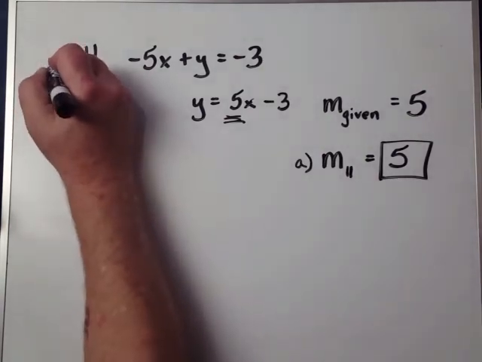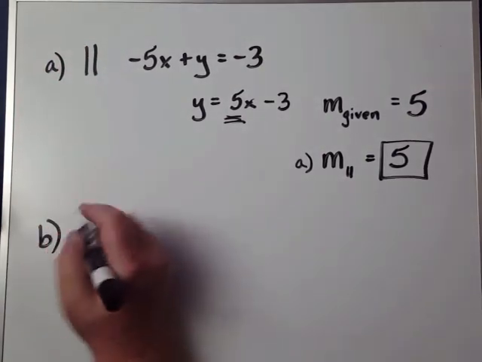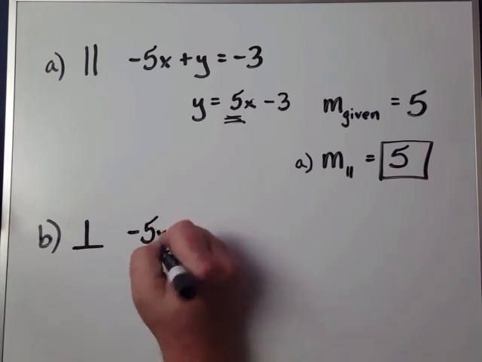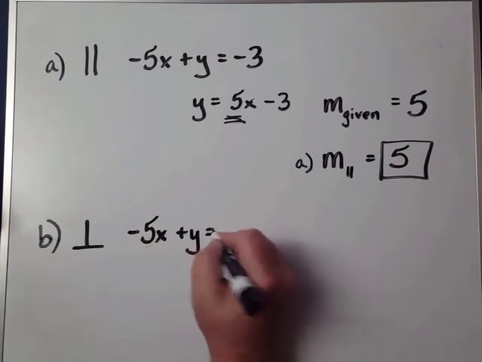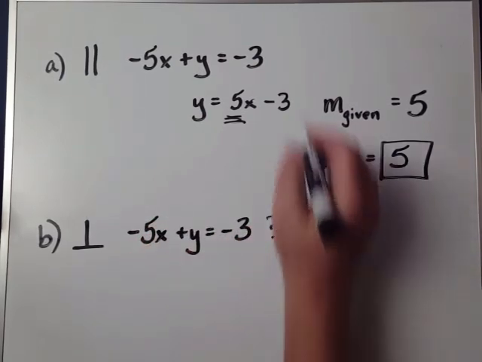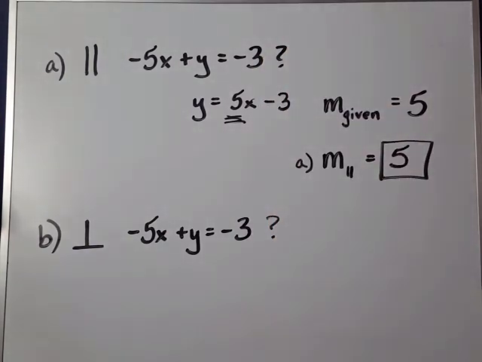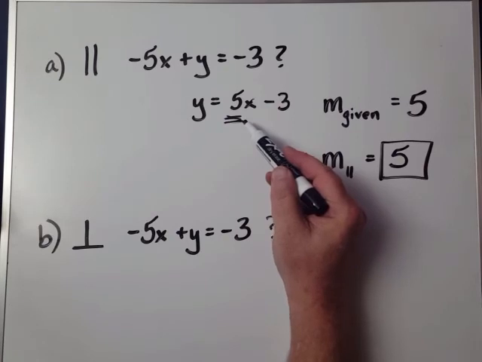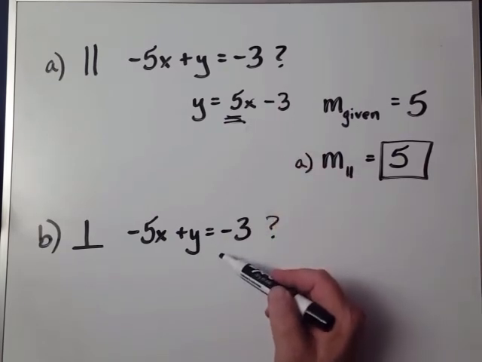And then part B says, what is the slope of a line that is perpendicular to this given line? Well, we've already found the slope of the given line. The slope of this line is positive 5.